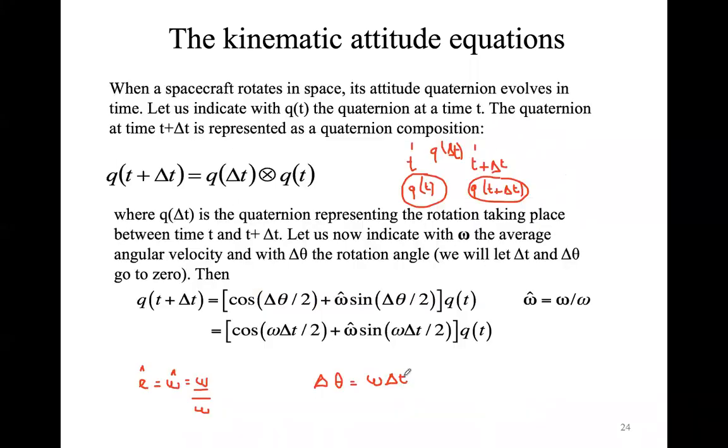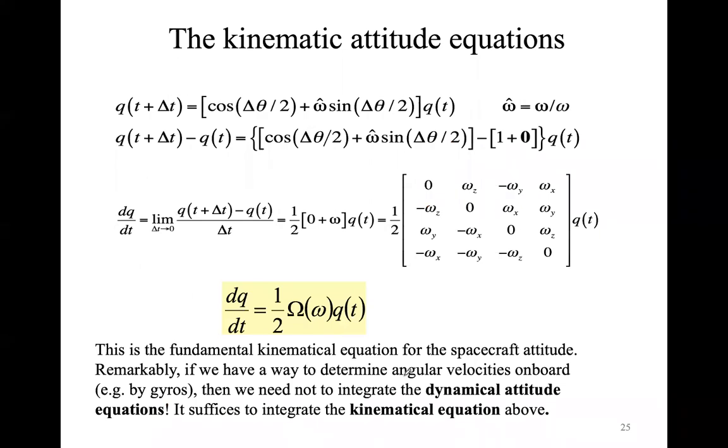Why do we need to do that? Because, as you have done for other problems, if you want to determine the derivative over time of the quaternion, you will do the difference between qt plus delta t minus qt.